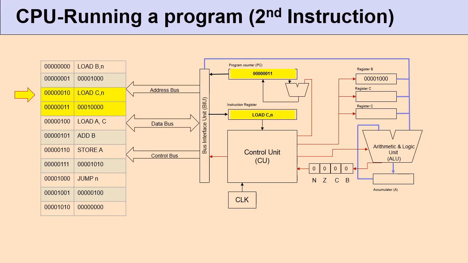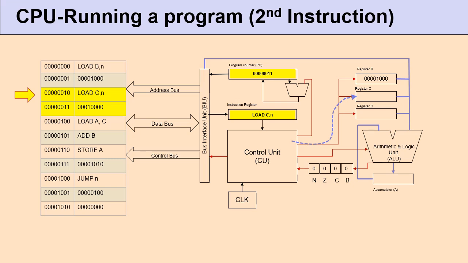For that purpose, again, the control unit will send the address of the program counter through the address bus and initiate a memory read cycle. At the same time, it will also instruct register C to copy the value coming through the data bus into itself.